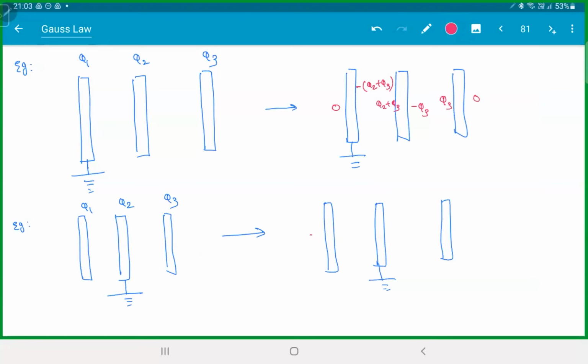What is the charge here? 0. What is the charge here? Q1. Q1. Conserved will be. This is minus Q1. How much will this be? Minus Q3. You can't tell right now. 0, Q3, and minus Q3 will be. You have to come from that side. Easy.